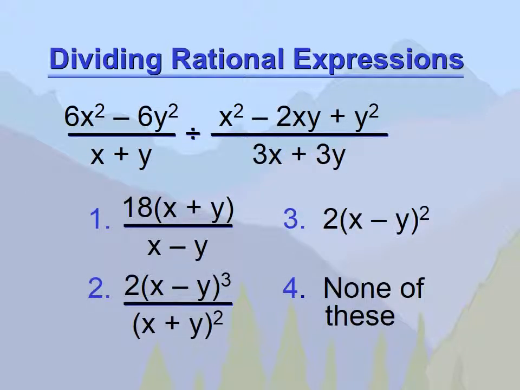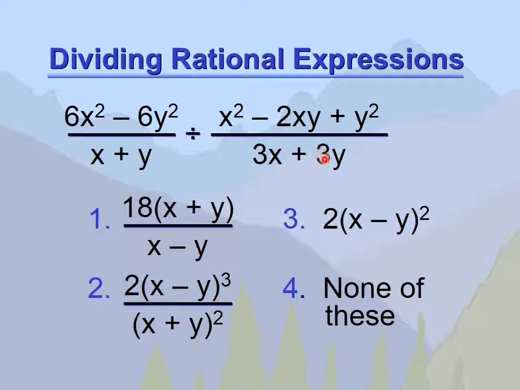Okay, go ahead and try this one on your own. So you would have had to have factored out the 6 for this one, leaving you x² minus y², which is the difference of squares, x plus y times x minus y. And then this is divide, so you're going to change that to multiply, and you're going to flip.